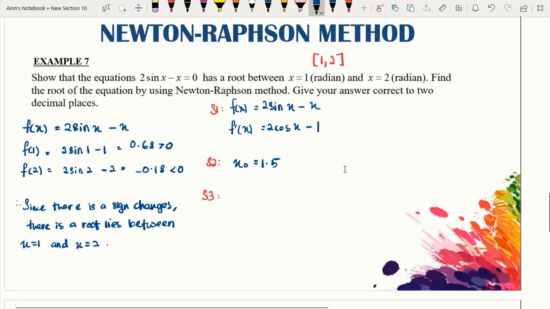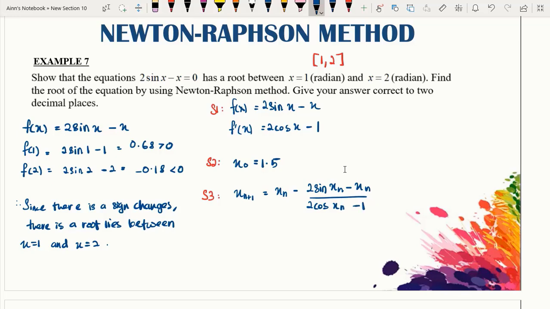The third step is to use the Newton-Raphson method where we have x(n+1) equals xn minus f(x) over f prime x. So our f(x) is 2 sin xn minus xn, over f prime x which is 2 cos xn minus 1.